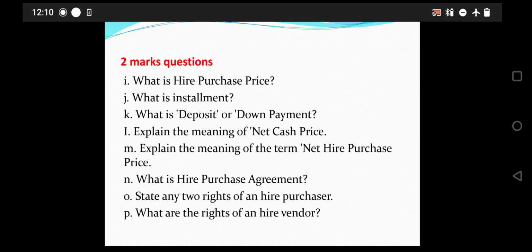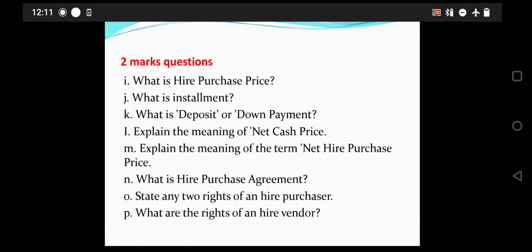Then we have: state any 2 rights of a hire purchaser. When it comes to rights of the hire purchaser, he can use the goods till the time of possession of the goods or according to the agreement. Another one, the hire purchaser can enjoy the benefit of the assets till the time of the goods taken under the agreement.